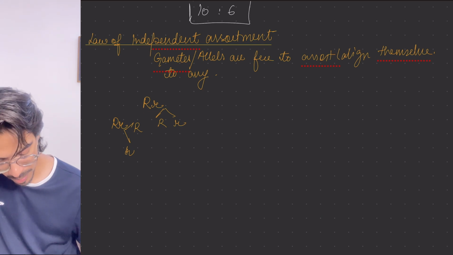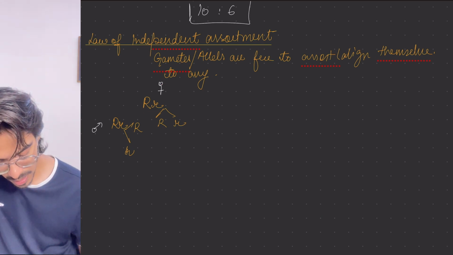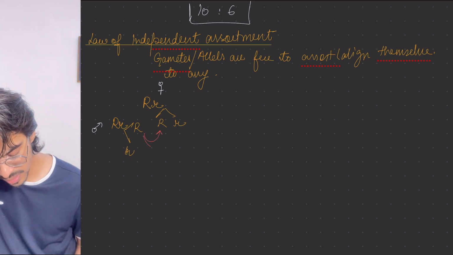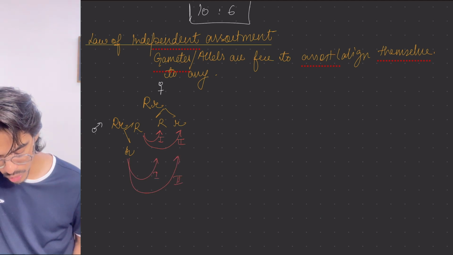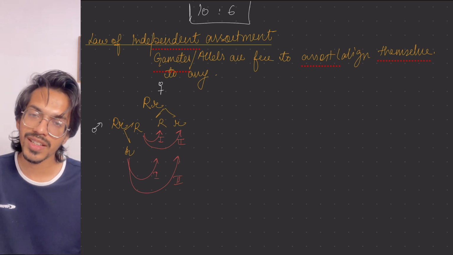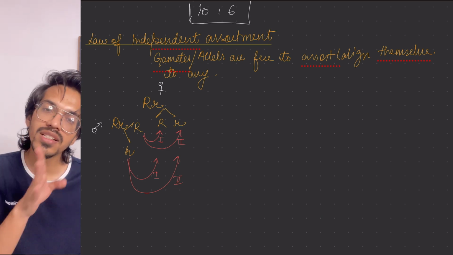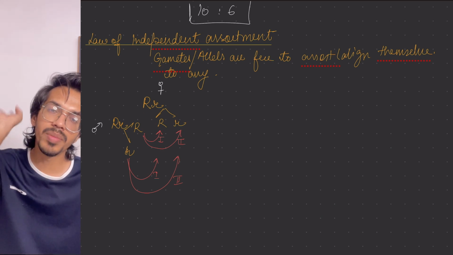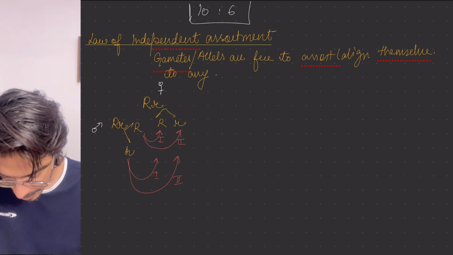Now this capital R, for example, is the male plant, and this is the female plant. This male plant has an option to go either with this or this. So this is the first option, second option. Same goes with this small r. It can go with this or this, so it also has two options. There's no compulsion, any cross can form, and that is where probability also comes up in biology. That's how probability ended up in it.